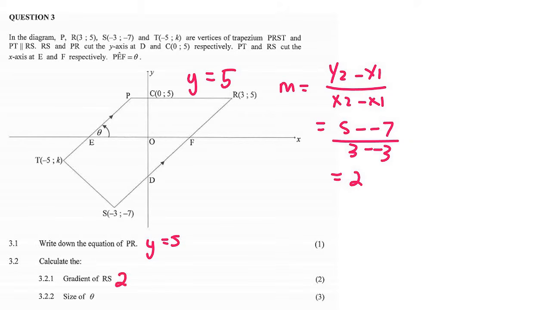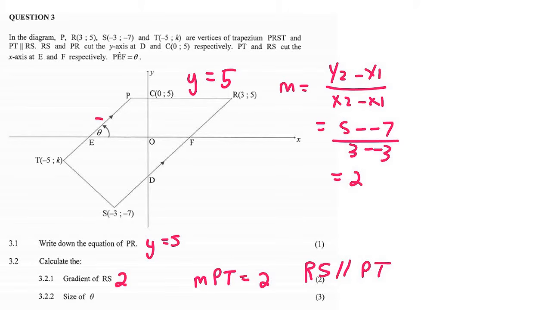For question 3.2.2, it says the size of theta. Now they've told us that these two lines are parallel. What that implies is that their gradients are the same. So we can say here that the gradient of PT is also going to be 2. Why? Because RS is parallel to PT. Now guys, remember from grade 11, we should know angle of inclination.